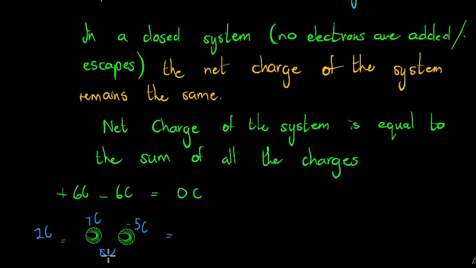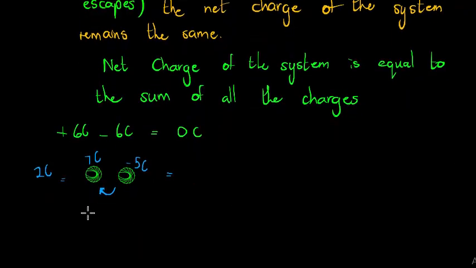So for example, if a coulomb of electrons go that side, then negative 5 becomes now negative 4 because I've lost electrons. I get a more positive charge. So afterwards I will have negative 4 coulombs, but I must still have 2 coulombs as a net charge.